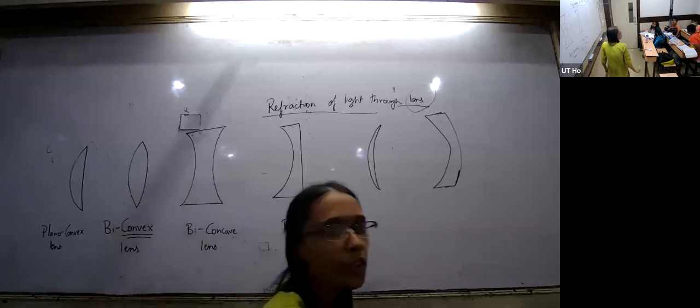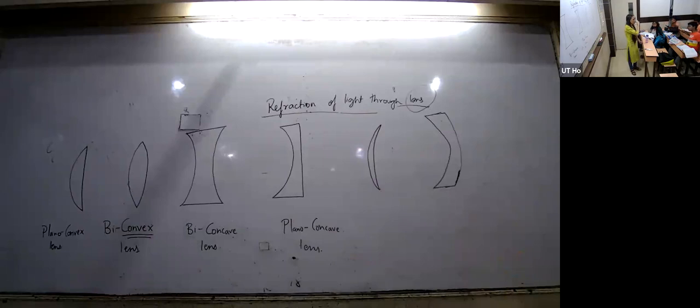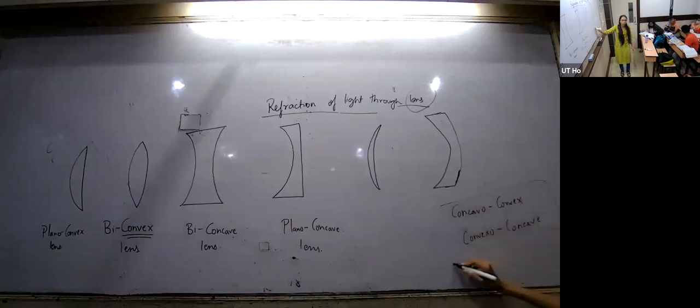The whole confusion comes when we have to name these. First one is concavo convex and second one is convexo concave. Now pay attention.